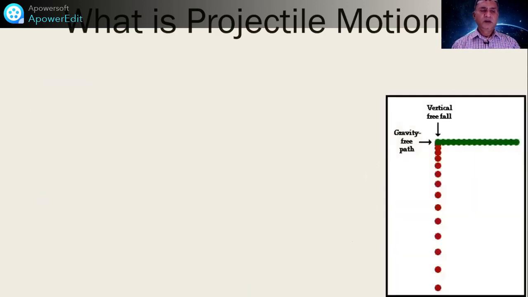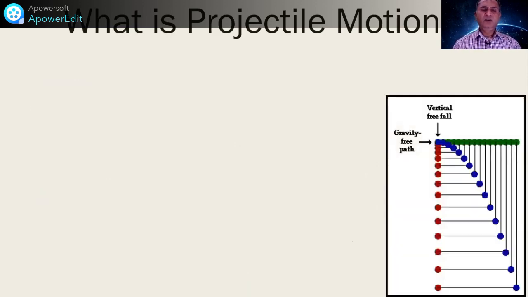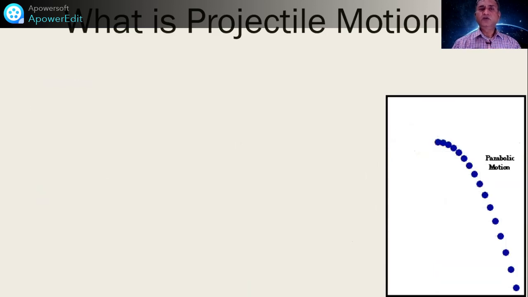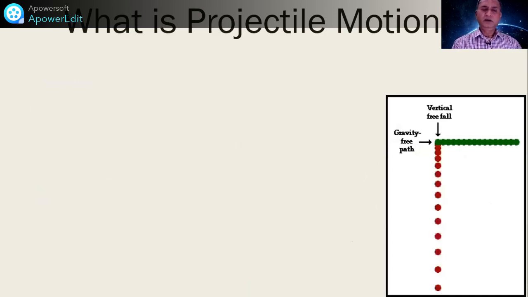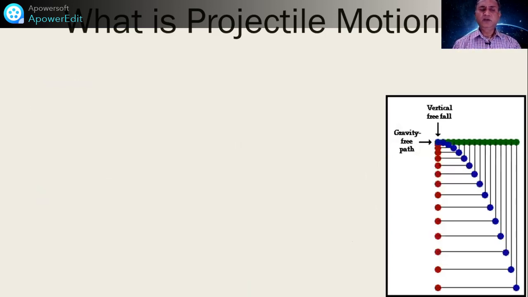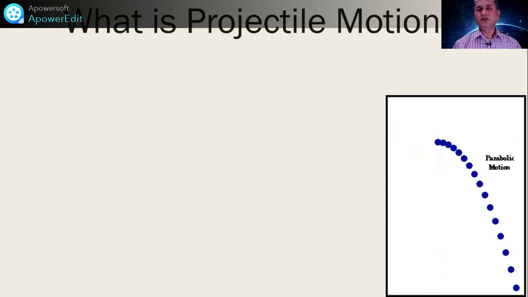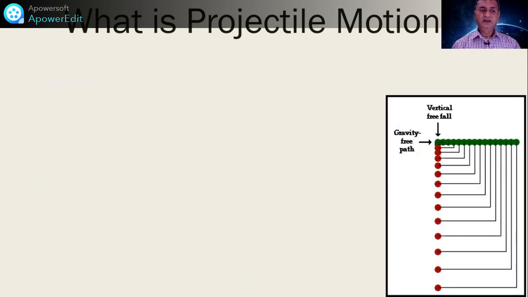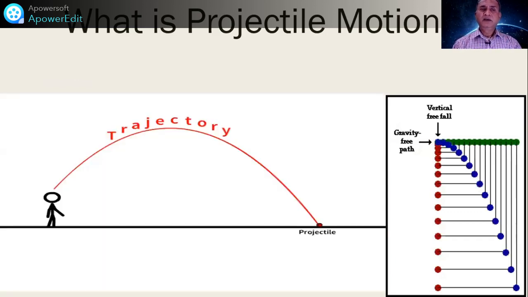And that knowledge is provided only by projectile motion. So what is projectile motion? In this type of motion, we'll see what? Not only horizontal motion, that you can see in the green one, and the red one, vertical motion, but it's a combination of these two types of motion. It means the body will cover not only horizontal distance, but also vertical distance, right?